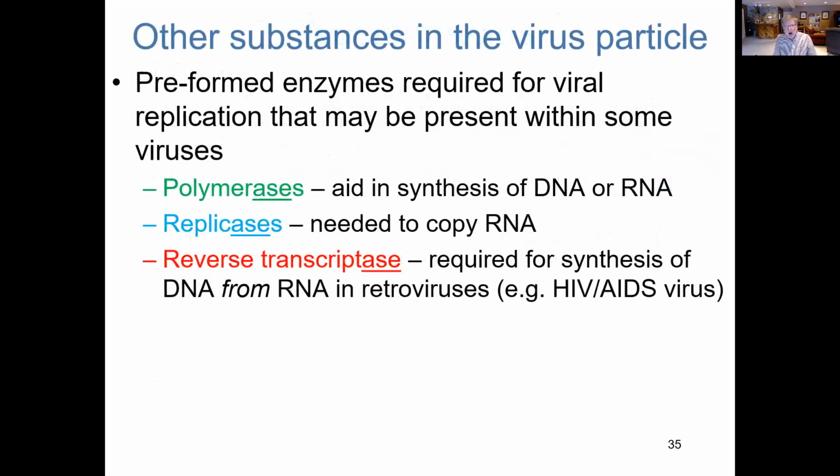Okay. Now, once in a while, in addition to carrying the nucleic acid that all viruses have to have, some viruses will also package in them certain types of enzymes that are going to be required to help that virus undergo replication within the host cell. And this particular slide points out three groups of enzymes.